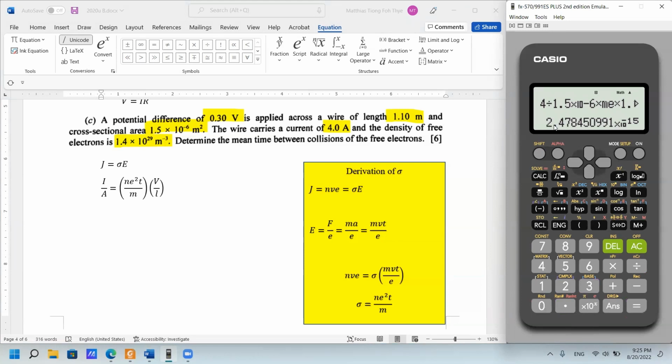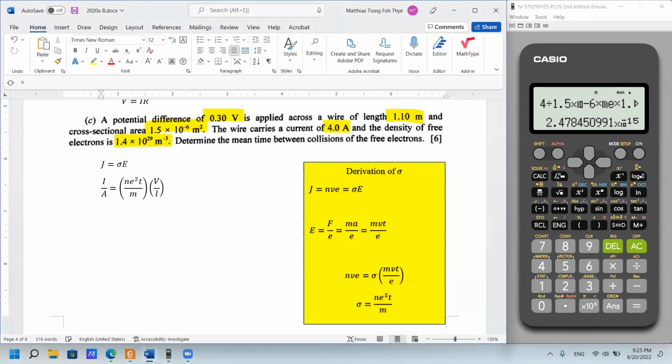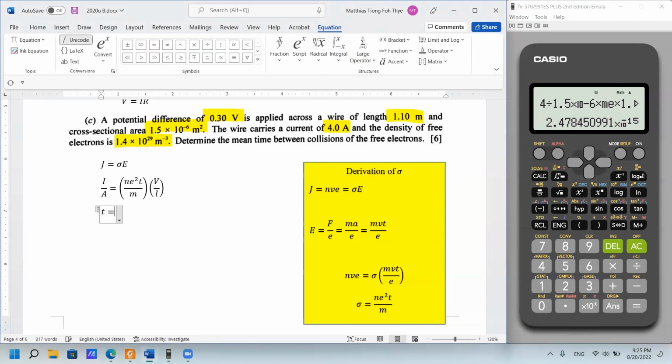So the final answer should be equal to 2.48 times 10 to the power of -15. So this is how we can solve this question. I suggest you improve on derivations because if we have this question with 6 marks, I think it is easy to get more marks in the exam.